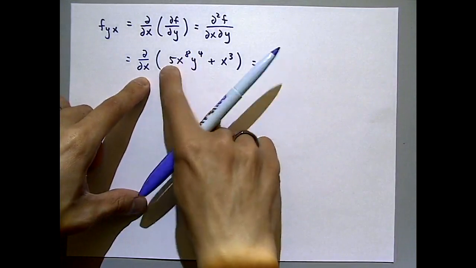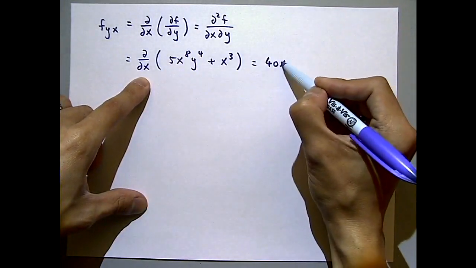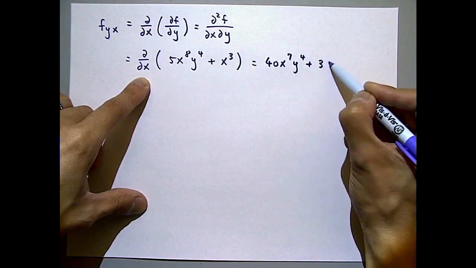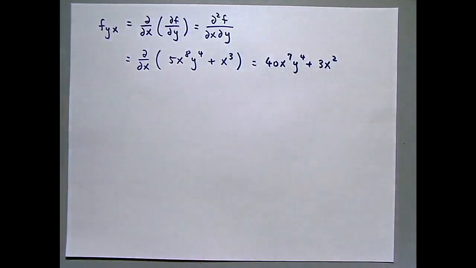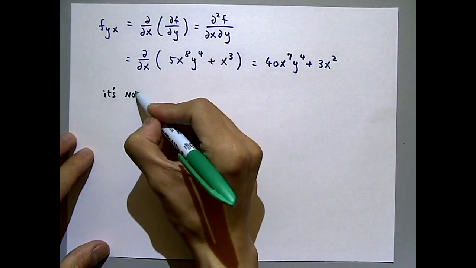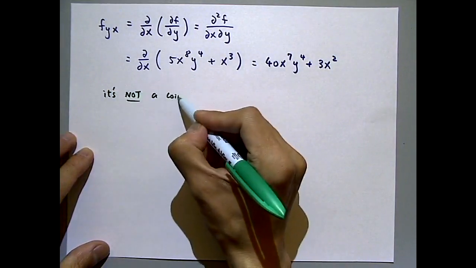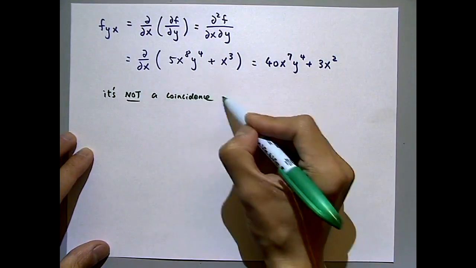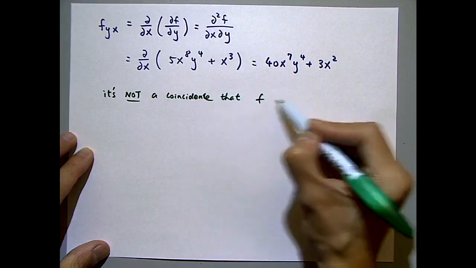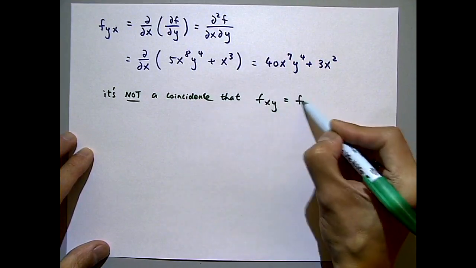So you get 40x to the 7th, y to the 4th, plus 3x squared. It's exactly the same thing as we just got, taking the opposite order. And that's not a coincidence. It's not a coincidence that fxy is equal to fyx.